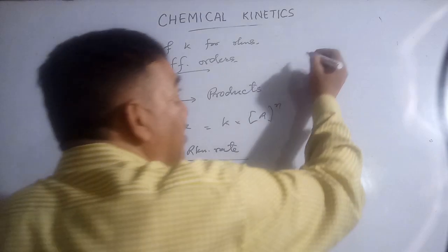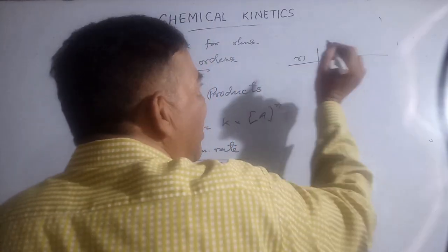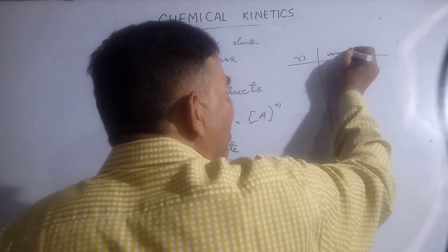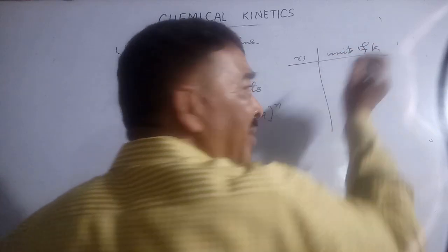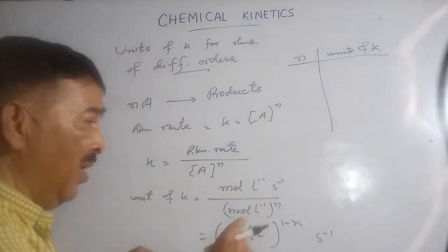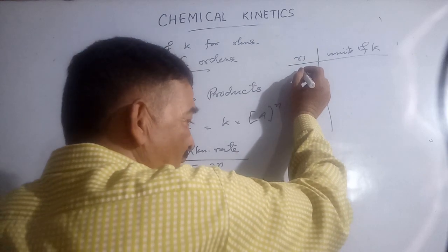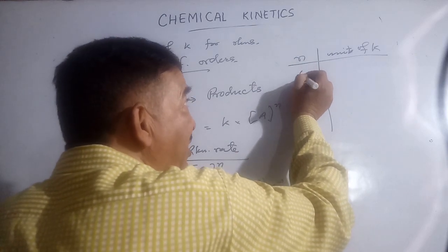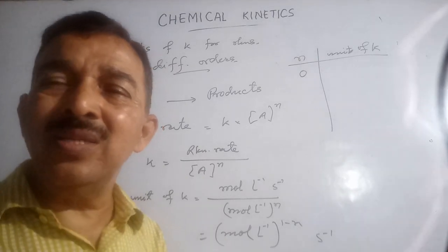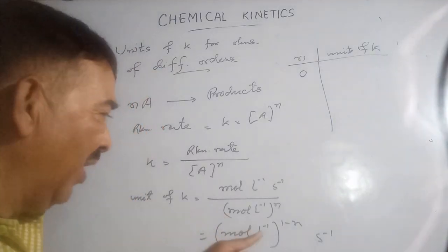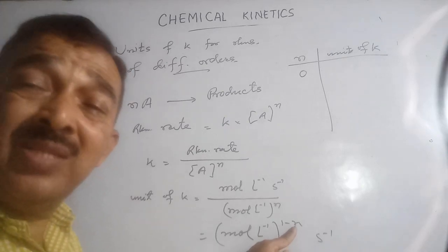Now make a chart. Here is n, the order of the reaction, and here is the unit of K. If n is 0, the order of the reaction is 0. Substitute n as 0.